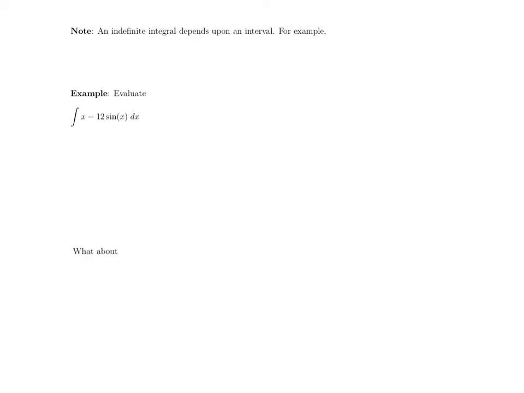A more subtle point I'd like to hit on before moving on to some concrete examples is that an indefinite integral always depends upon an interval. So let me give an example to illustrate this. If you were asked to find the indefinite integral of 1 over x squared, note 1 over x squared is equal to x to the minus 2.